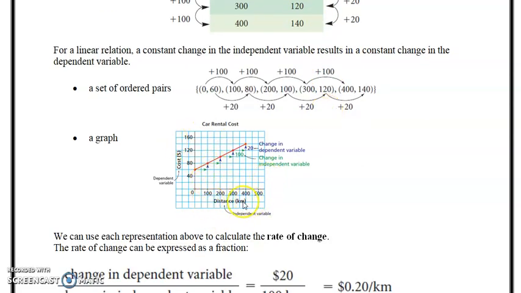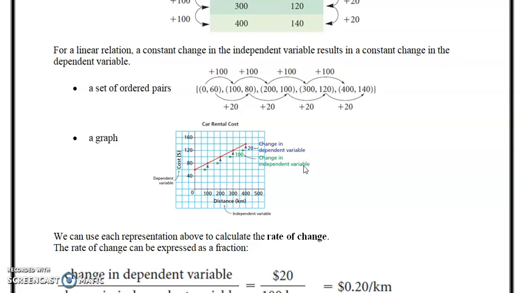Independent variable, distance in kilometers. Dependent variable, cost, right up the y-axis there, cost in dollars. The change in the dependent variable over the change in the independent variable is what's called rise over run. That is, change in y divided by the change in x.